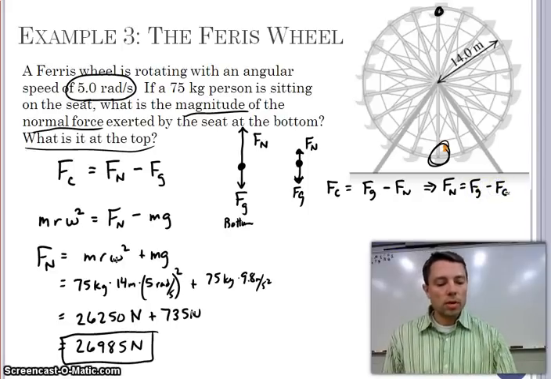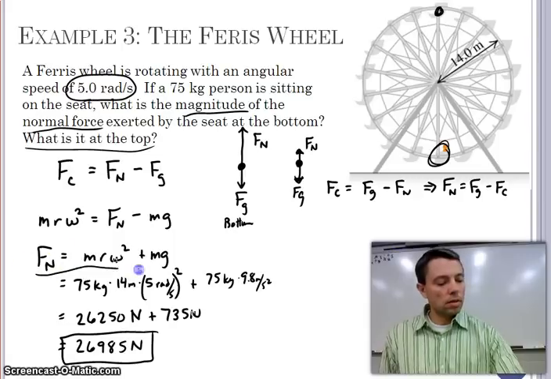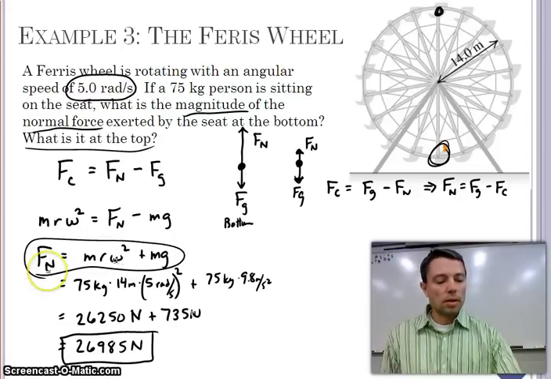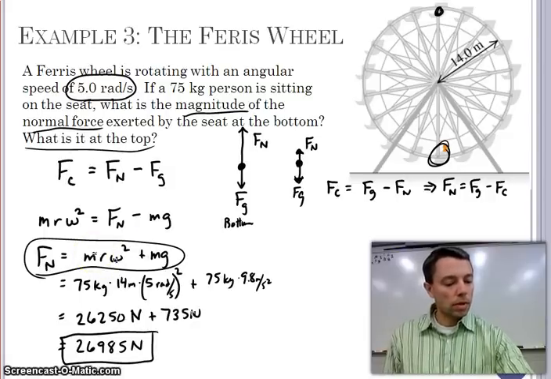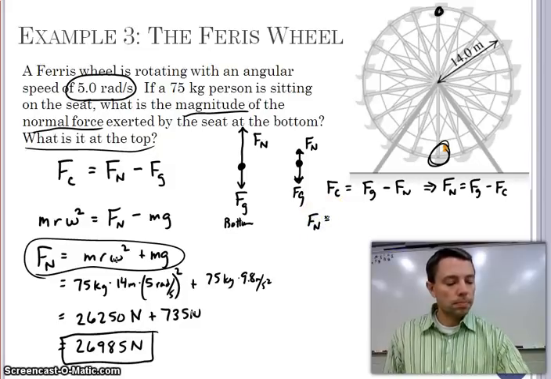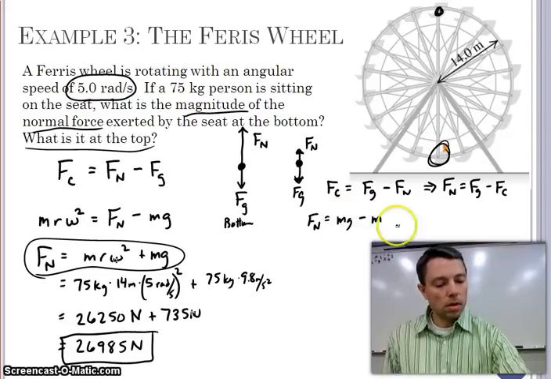Okay, so I'm going to set that all up again and do another problem just like what I did here, except now I'm subtracting my centripetal from my Fg. So again, my force normal is going to be mg minus m r omega squared.